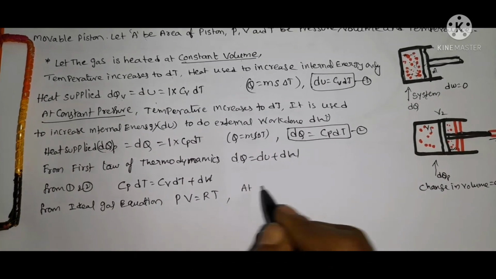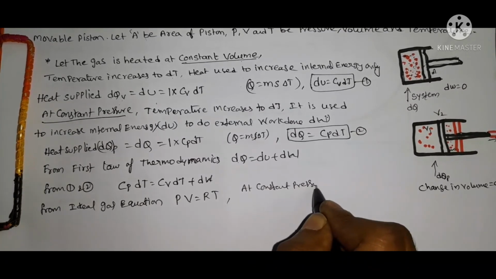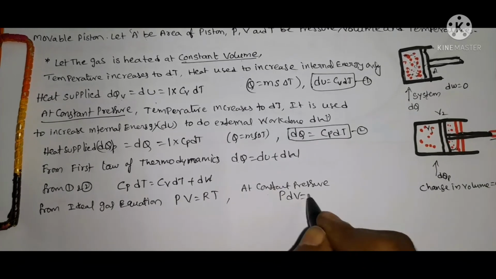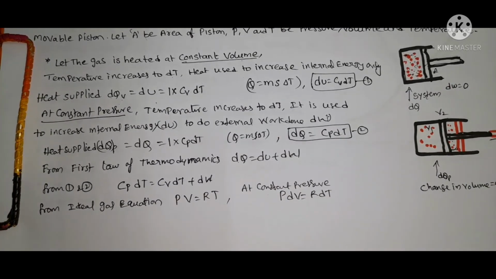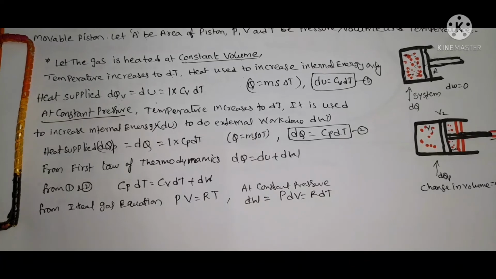So at a constant pressure, you can write PdV is equal to RdT. Okay, here work done is nothing but dW. dW is equal to PdV is equal to RdT. Simply, in place of dW you can put RdT.